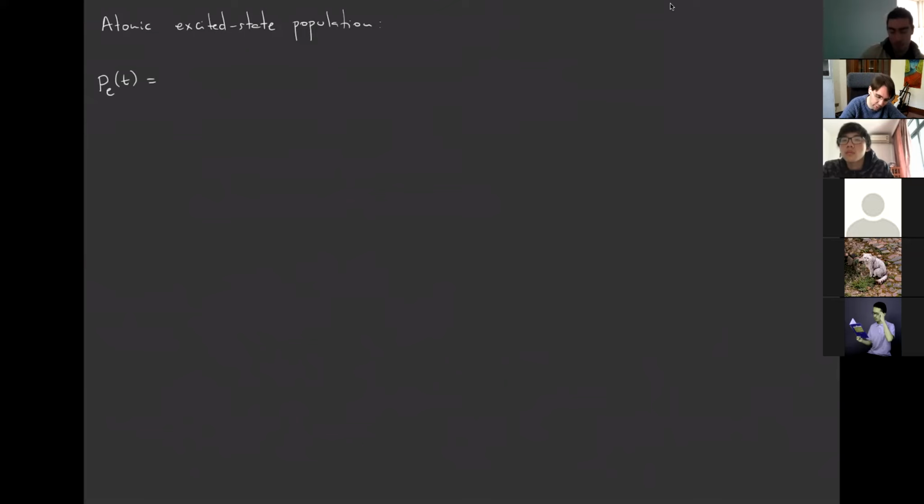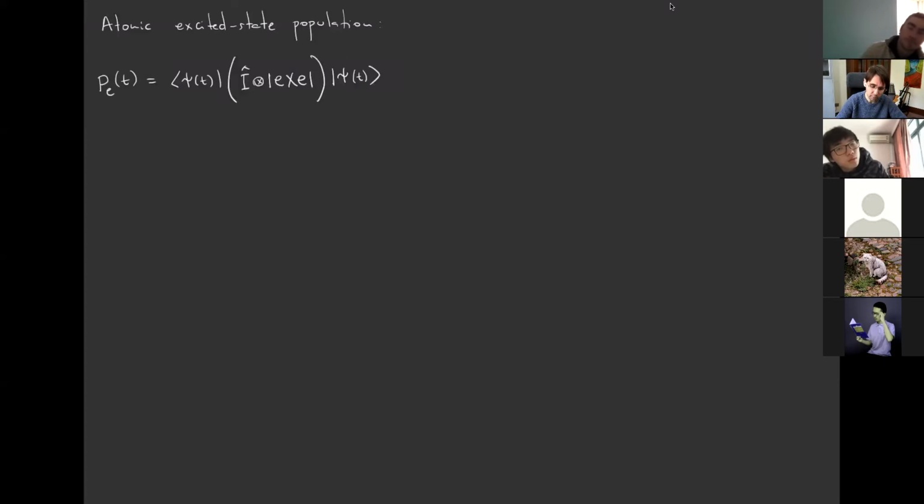And this is nothing but the expectation value of the projector in the excited state. But now we have two Hilbert spaces, the one of the atom and the one of the cavity mode. What we are asking is the projector in the excited state, and we don't care about what happens to the field, so we just take the identity for the field. Then we need to evaluate the expectation value of this operator, the excited state projector for whatever happens in the field.